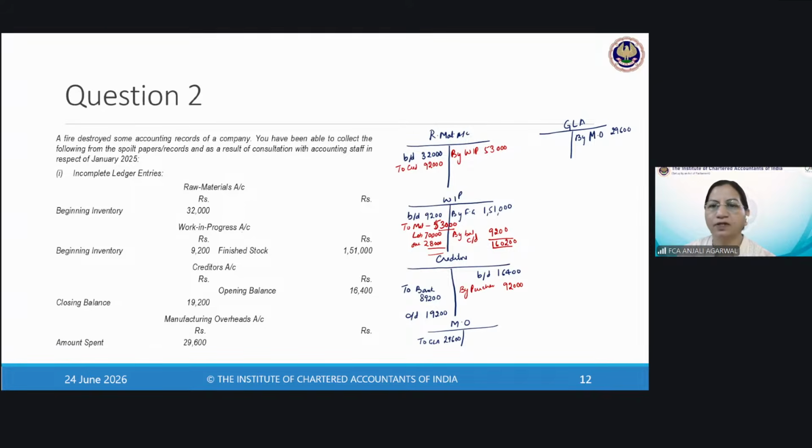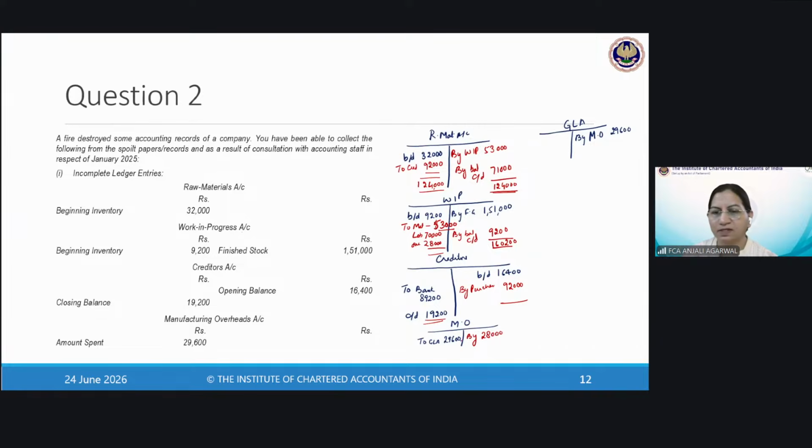So you had raw material worth 32,000. You purchased 92,000. Total was 1,24,000. Out of 1,24,000, you issued 53,000 to WIP. So what is remaining with you in hands is 71,000. So this completes your raw material account. This completes your WIP account. This completes your creditors account. And this goes to how much is charged? 28,000.